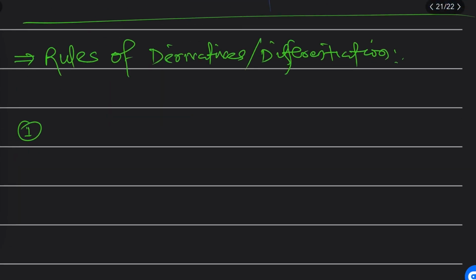Let's talk about rule number one. It says that if you have a function involving x and also a constant, let's say f of x connected with k, and you want to differentiate with respect to x, then that constant k comes out first, then do the differentiation of x with respect to x.